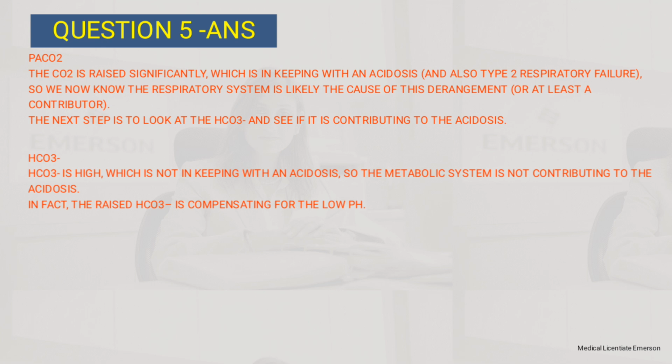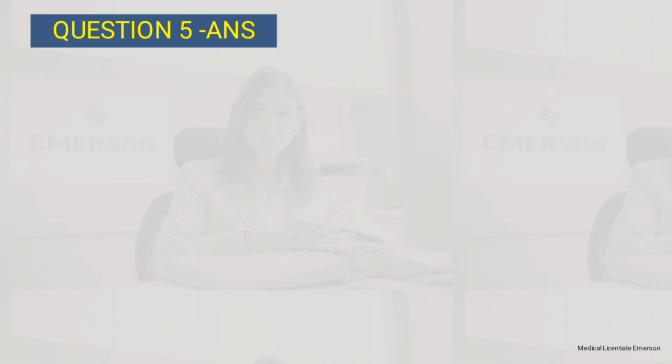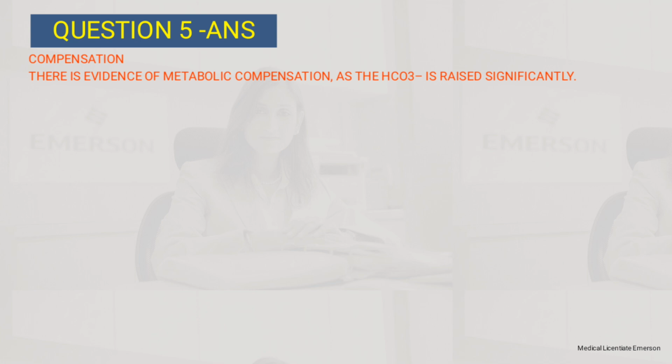In terms of base excess, the base excess is increased, which is in keeping with an excess of bicarbonate. So in terms of compensation, there is evidence of metabolic compensation as the bicarbonate level is raised significantly.